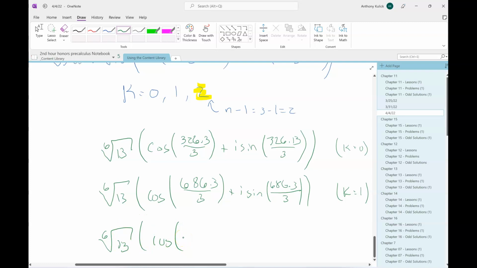And when k equals 2, I have 326 plus 720. So that's 1046.3.